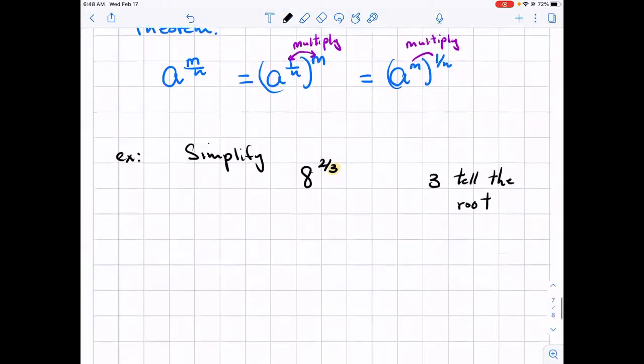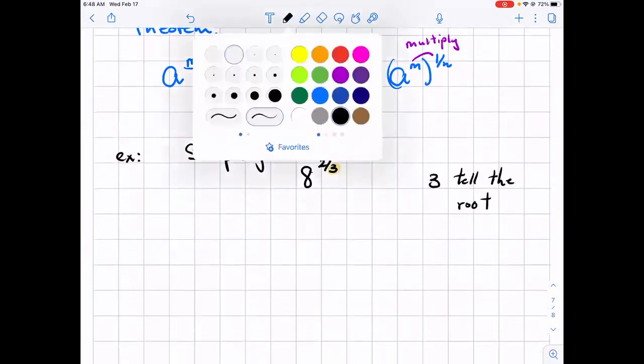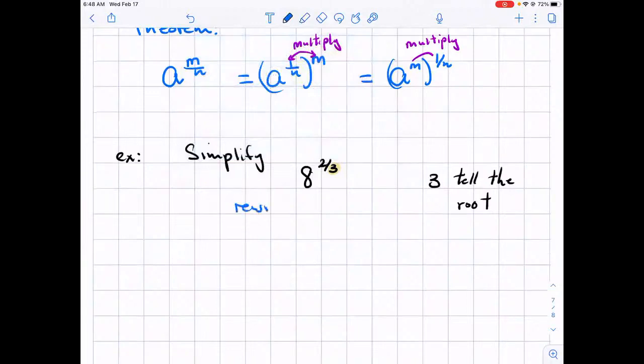So I can rewrite this as 8 to the 1/3 power, and then we square it.